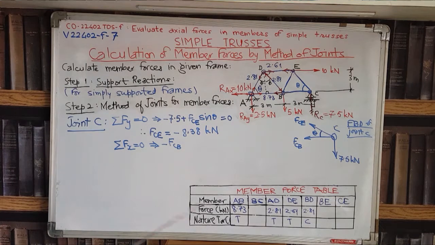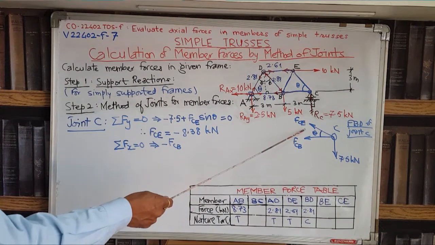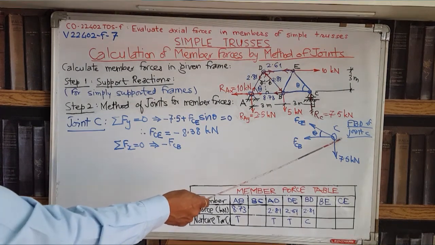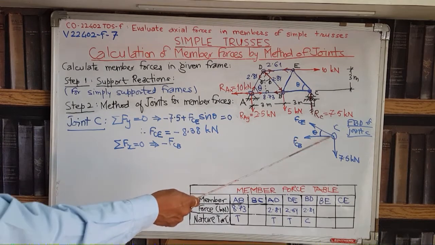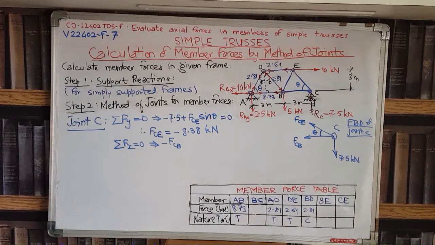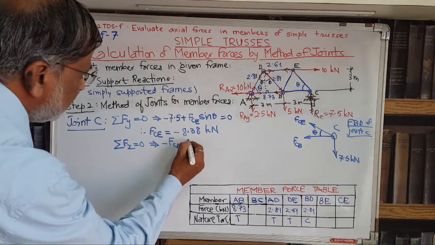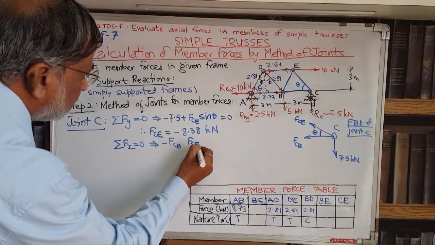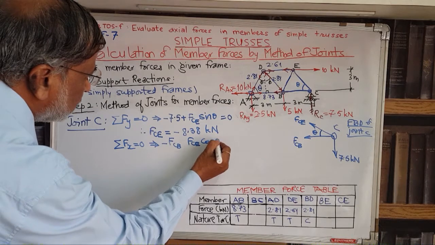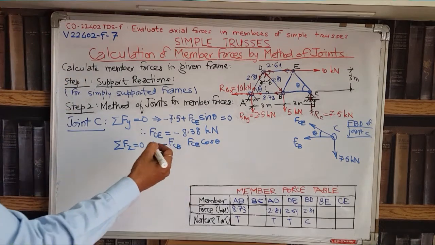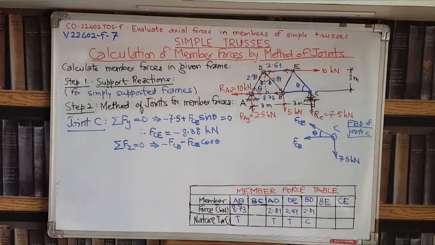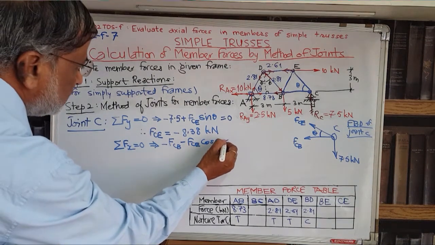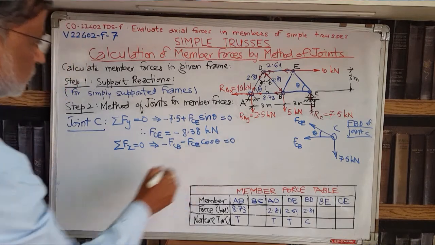Then the third force is FCE and it is inclined, so it has a y and x component. Its x component will be towards left and that component will be FCE cos theta. Since it is towards left, its sign will be minus.